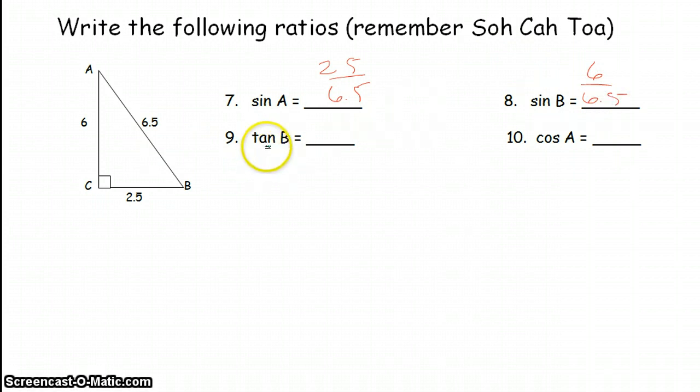Number 9, the tangent of B. Again, tangent is opposite over adjacent. So tangent of B would be opposite 6 over adjacent of 2.5. And then our cosine of A is adjacent 6 over hypotenuse of 6.5.